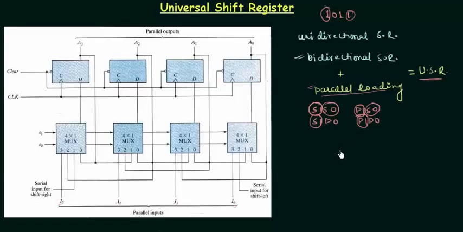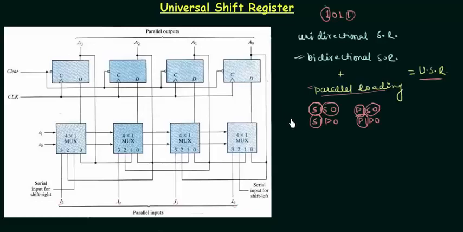Now the only thing left is the parallel output. How we can have the parallel output in this shift register? You have to know only one thing. The parallel output is not a big deal. If you can access the output of the flip-flops, here we are using the 4 flip-flops, and if you can access the output of these 4 flip-flops, A3, A2, A1 and A0 are available to us.